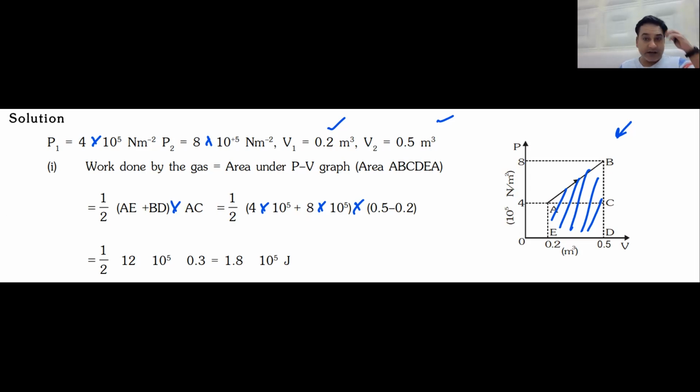Anyways, chalo. Can you do the next part without doing any calculation mistake? Next 3 parts. Okay, sir. Change in internal energy, the heat given or lost in this process, and can you find the molar heat capacity in this process without making any mistake? I'll wait for you. Give you time. Do you need time or you have calculated it?